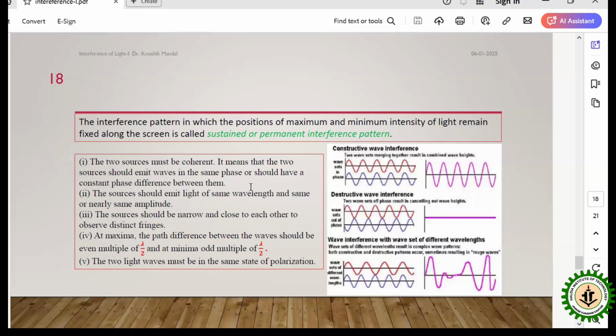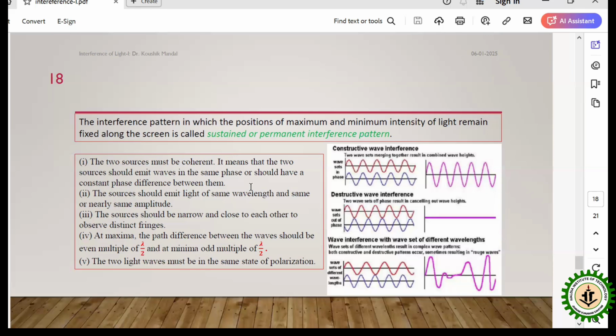The sources should be narrow and close to each other to observe distinct fringes. At the maxima, the path difference between the waves should be an even multiple of λ/2, and at the minima an odd multiple of λ/2. And the two light waves must have the same state of polarization. What is polarization? Polarization is nothing but the direction of the electric field vector.